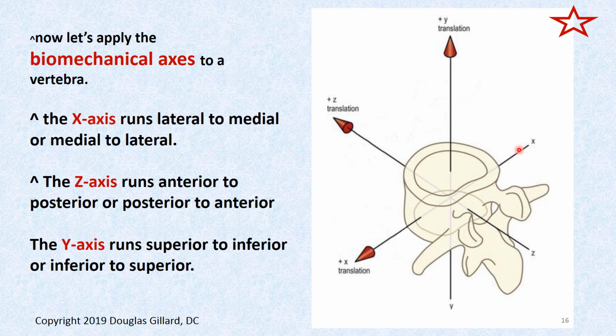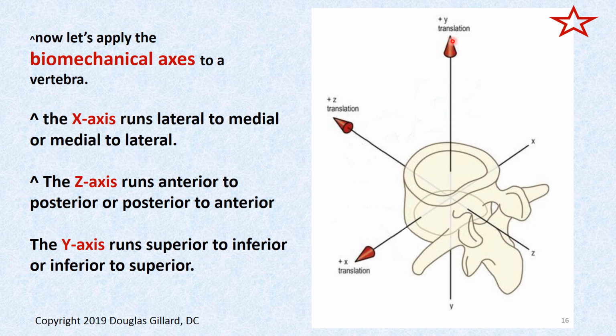Now if we apply those axes to a vertebral body, it's pretty simple. If we go back to that same drawing, standing up straight and sticking our arms straight out, the transverse processes of this lumbar vertebra are like the arms. So that would be the X-axis. Then the spine, or the spinal cord, would be running straight up and down.